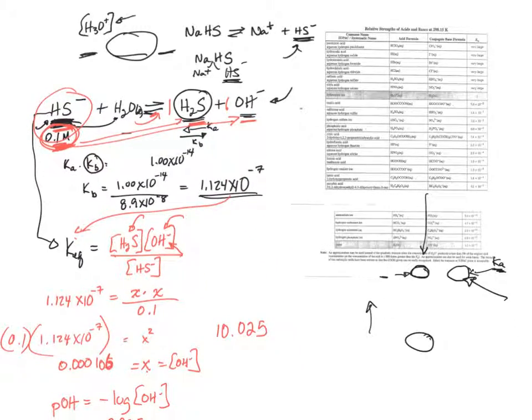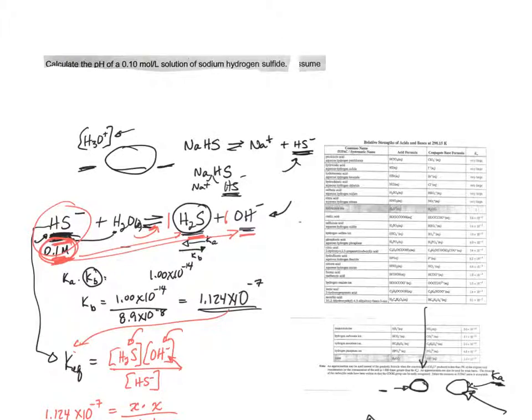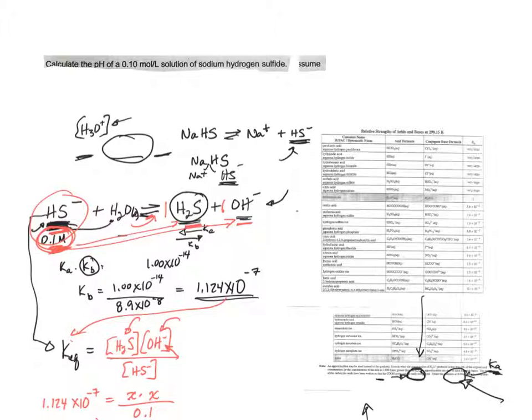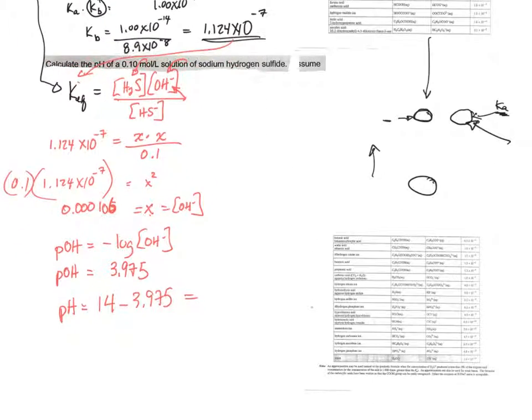It was up there somewhere. There are 2 sig figs in the question. And so in my answer, I have to give 2 sig figs. Boy, I can't scroll things. Oh well. And so in pH, that'll be 2 decimal points. So it'd be 10.03. That would be the pH of the solution.